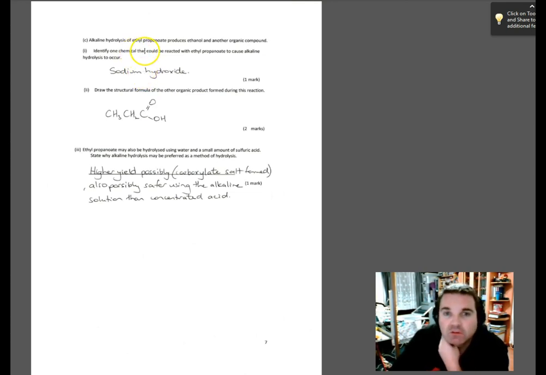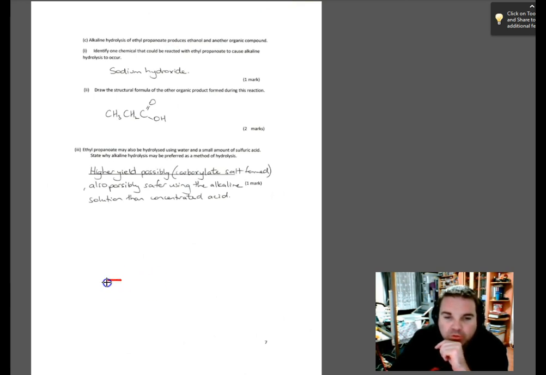Alkaline hydrolysis of ethyl propanoate produces ethanol and another organic compound. Identify one chemical reactant with ethyl propanoate to cause alkaline hydrolysis. We use sodium hydroxide. And draw the structural formula of the other organic product formed during this reaction. We draw out ethyl propanoate, and then you work out if one part is ethanol. So I'll actually draw ethyl propanoate for you down the bottom because this is always helpful.